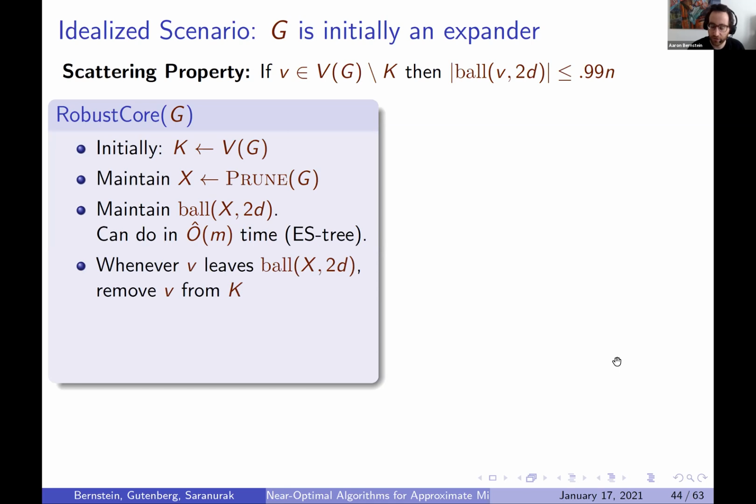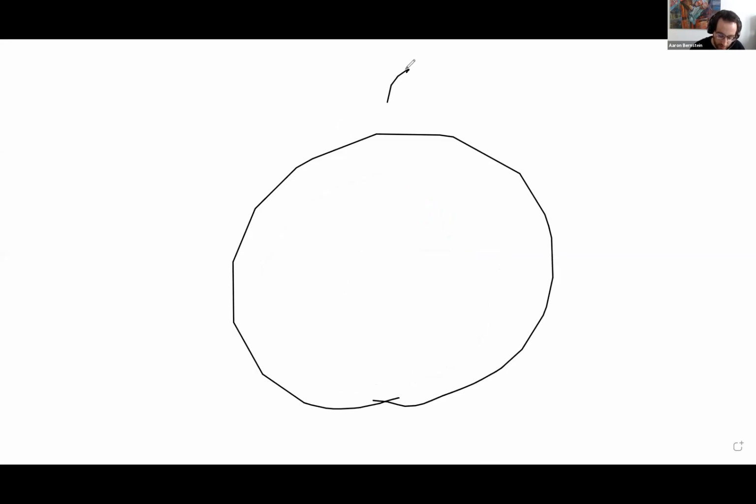So I think another figure is in order. I apologize for having to jump around so much. So we have our graph G, which again initially has low diameter.